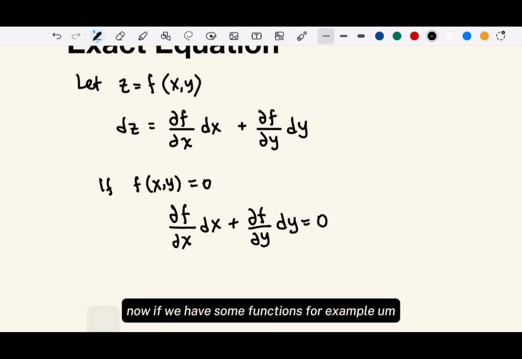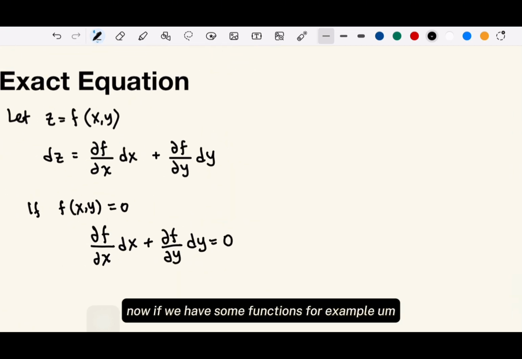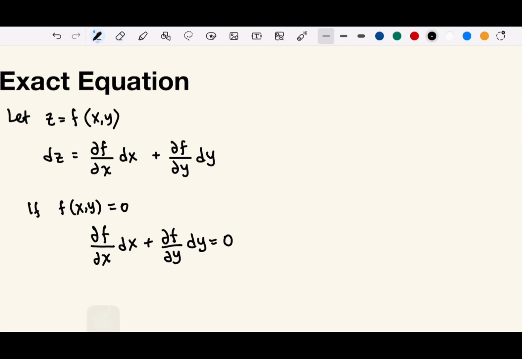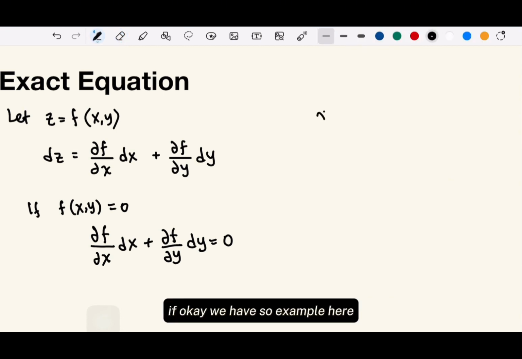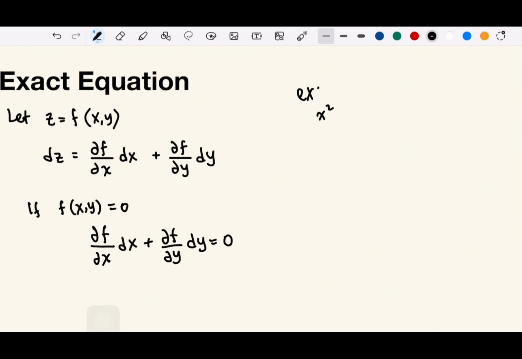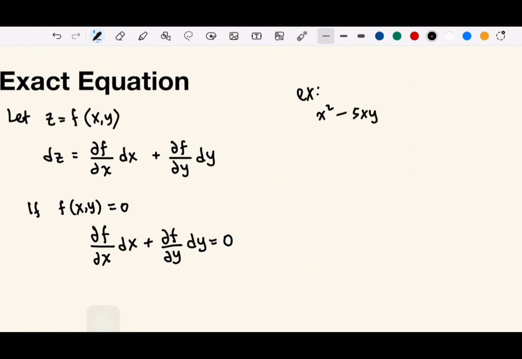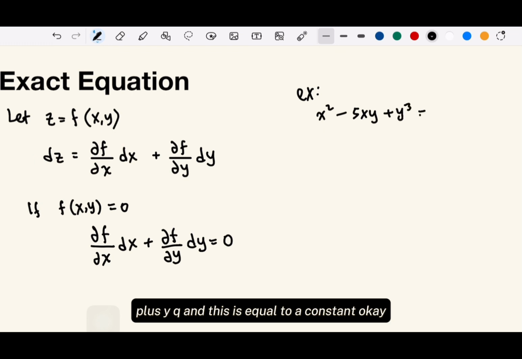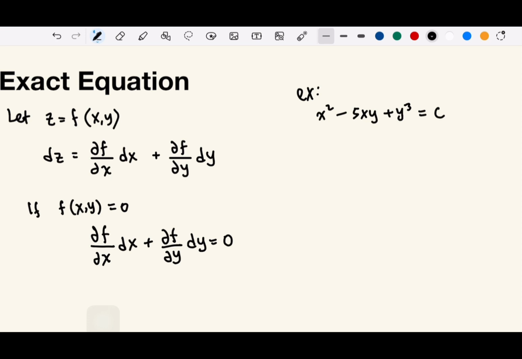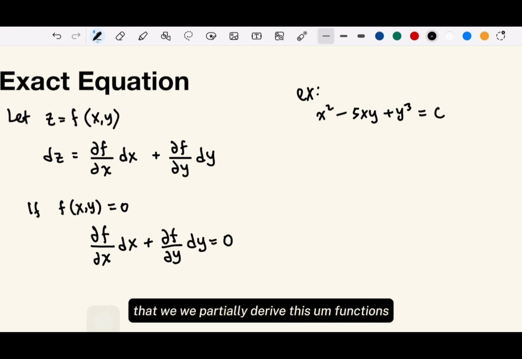Now, for example, if we have x squared minus 5xy plus y cubed, and this is equal to a constant. Now we partially differentiate this function.